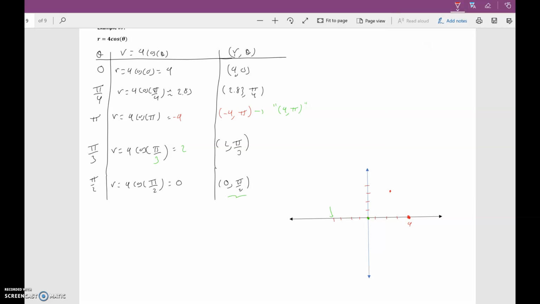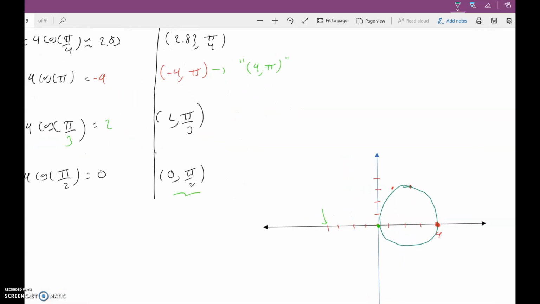So not to scale, this is the angle pi over 3, somewhere around here. Okay, so my sketch is definitely not to scale, but this one represents a circle, and I'll explain why in a minute. So technically, this is going to be our sketch, except that here my scale is not the best one.